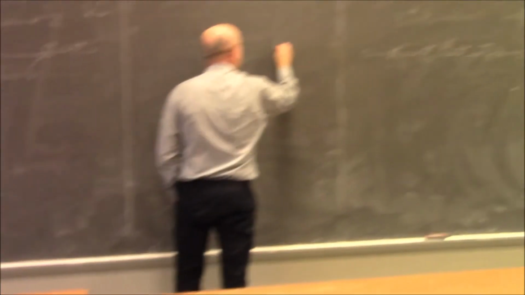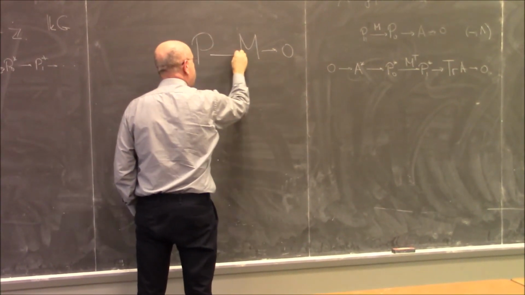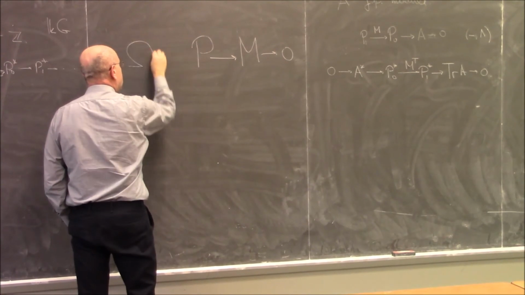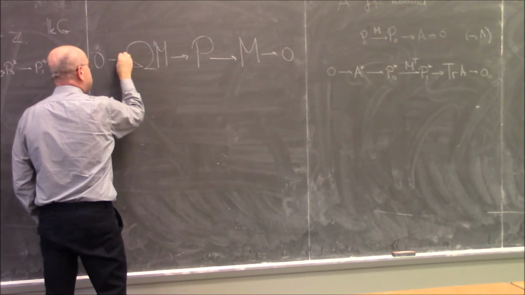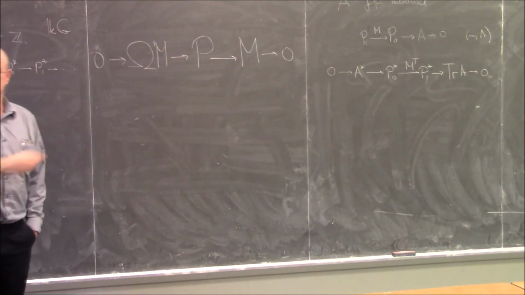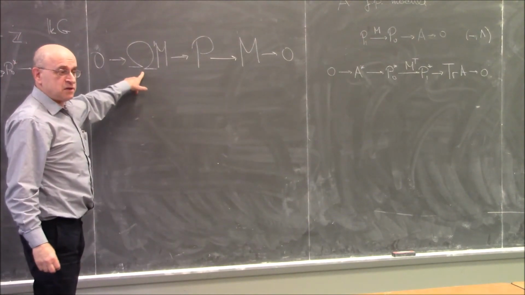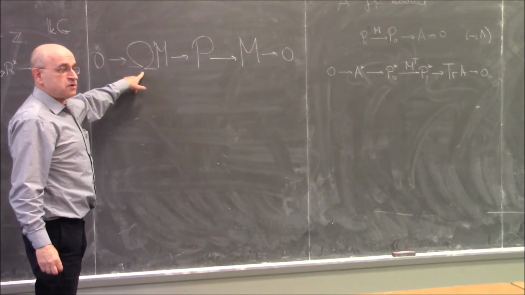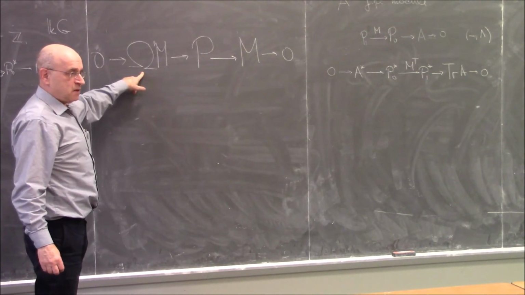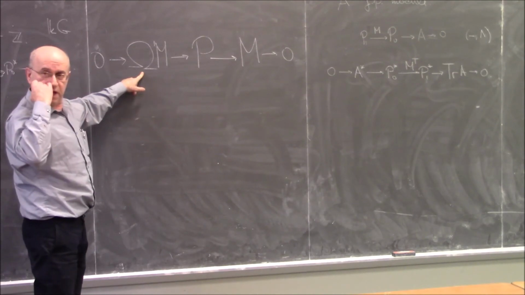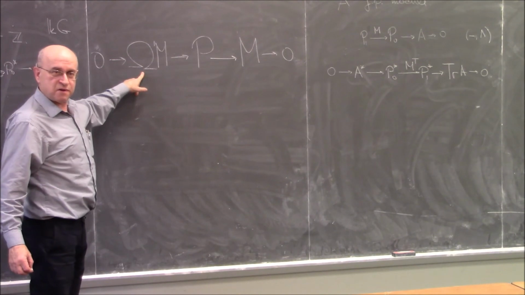So if you have M, and you have a projective mapping onto it, the kernel of that is denoted by omega M. I would not be surprised if it was Heller who first had this idea. The idea being that omega is not an accident here. So this behaves similar to the loop space functor in topology. And in fact, that paper of Heller was titled On the Loop Space Functor in Representation Theory.